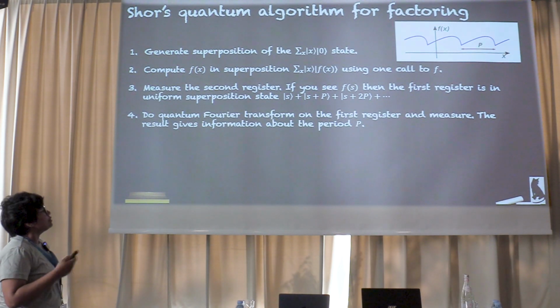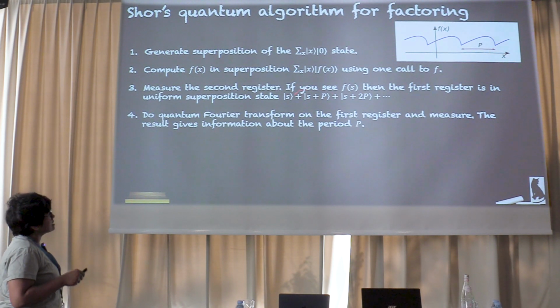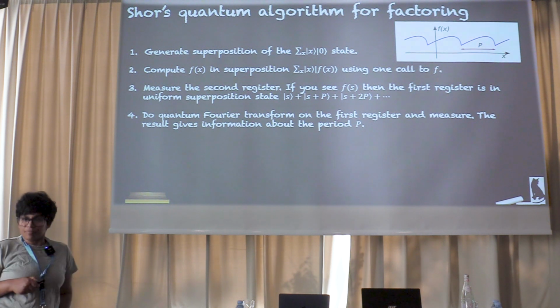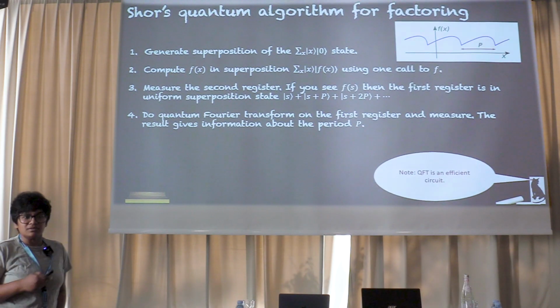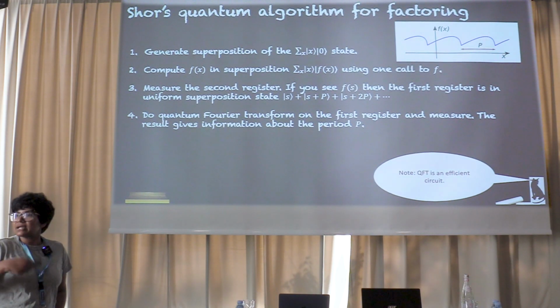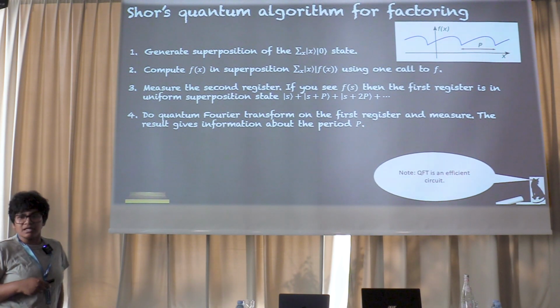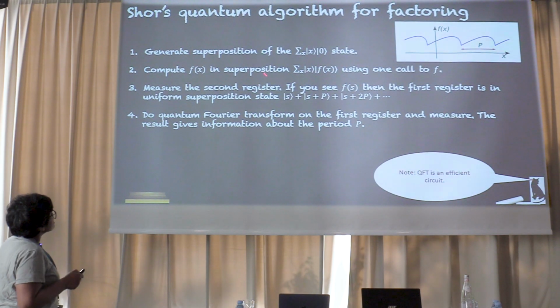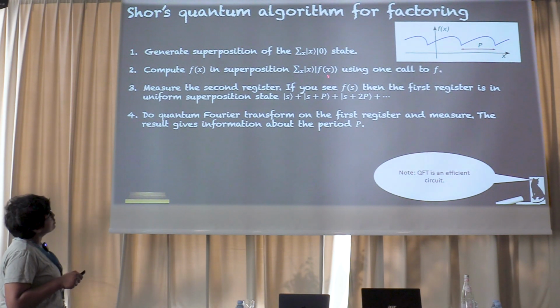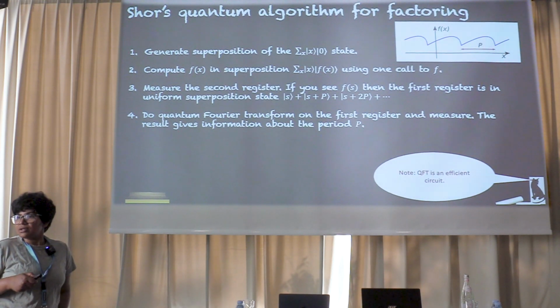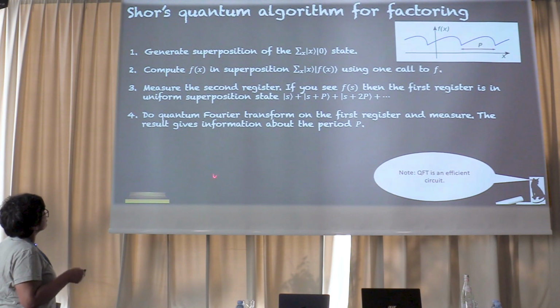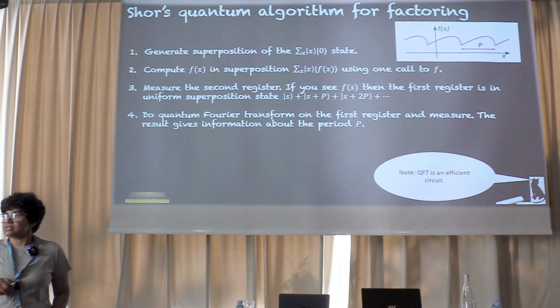And now one can do a quantum Fourier transform on this state and get the value of p. And once you have the value of p, you can get the factor, okay? So this is the basic idea of Shor's factoring algorithm. And this quantum Fourier transform that you do on this p is very efficient, and we don't have this procedure efficient in the classical setting.